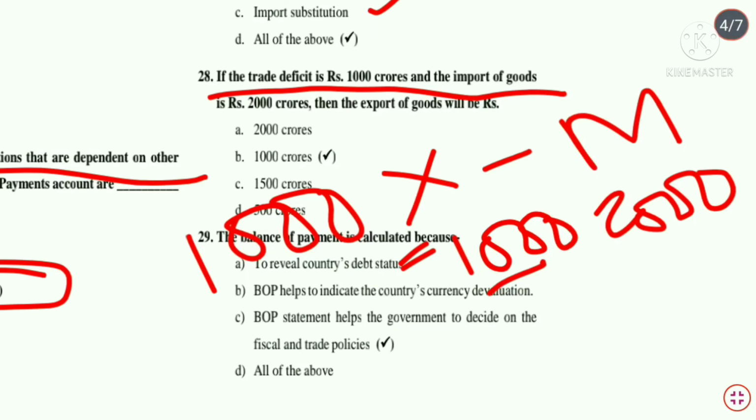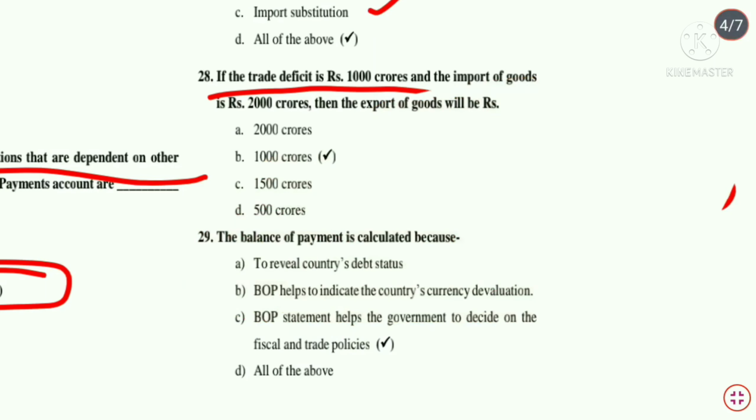Therefore option B, 1000 crores, is the correct answer.